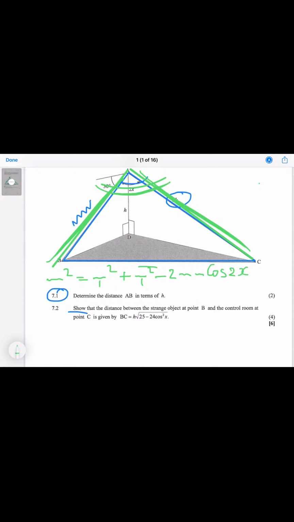Where you need to be careful is that here you've got a double angle, and you will need to remember how to deal with double angles.